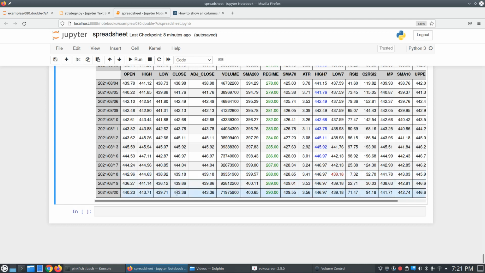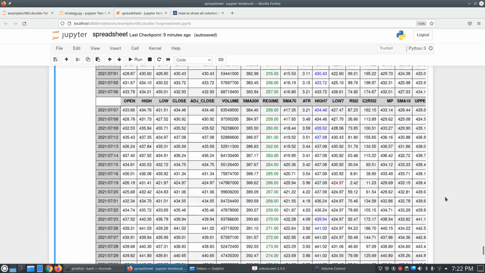Currently we are in the green, in the money on this trade, and the current target here is 446.97. That's the 7-day high, but we haven't quite reached that yet. So we just keep waiting until this turns blue right here, and then we sell that position.